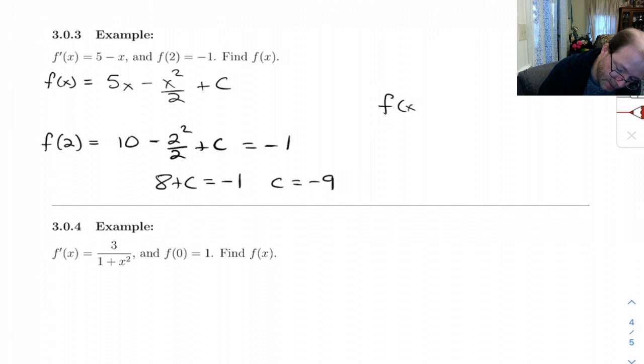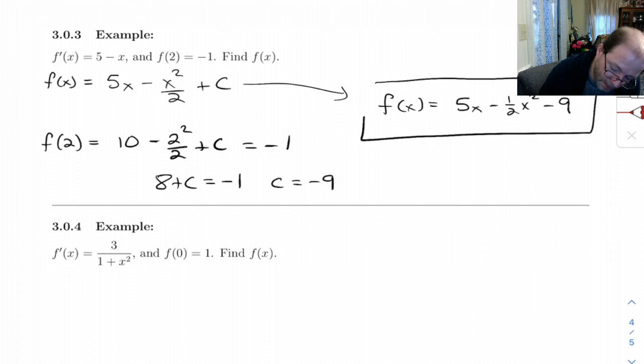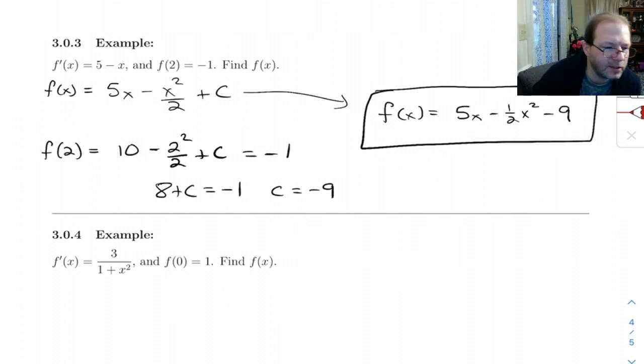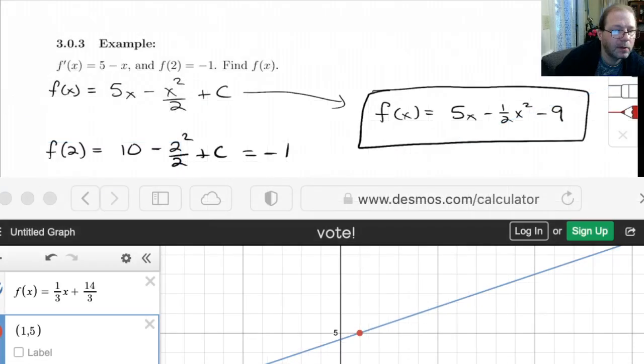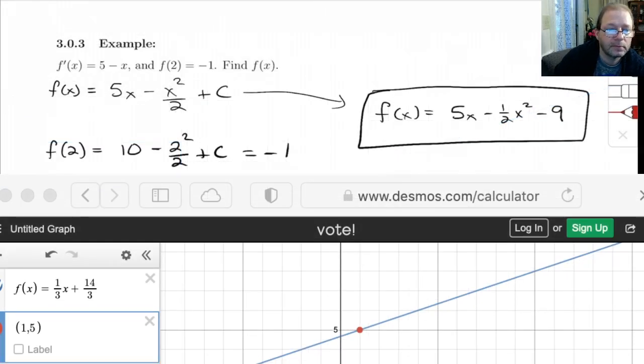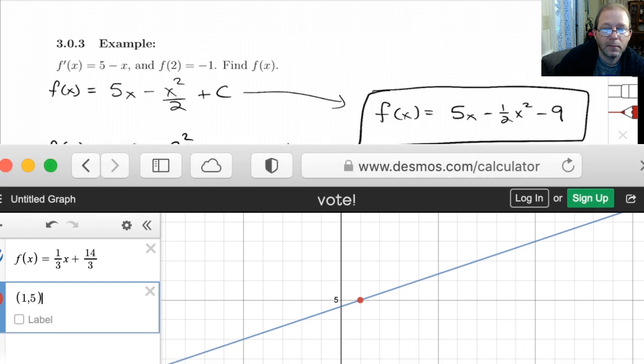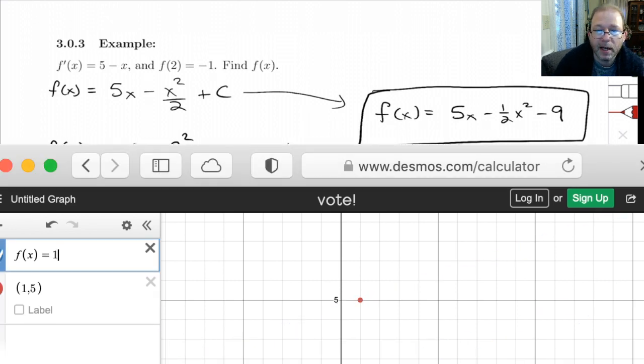So my answer is going to be f of x is 5x minus 1/2 x squared minus 9. So let's check this one on Desmos. The function I got was 5x minus 1/2 x squared.